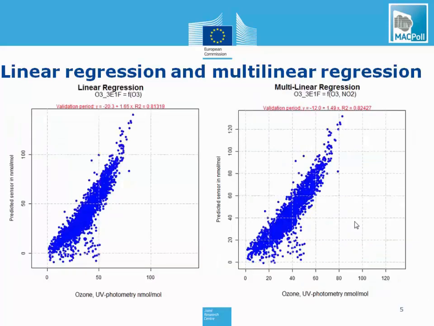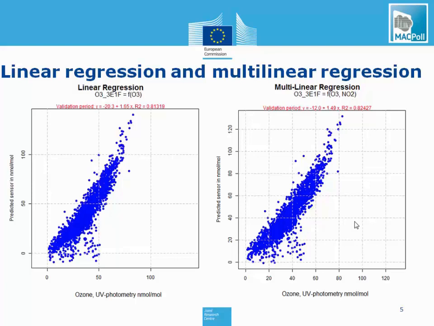This is more or less what we obtained looking at the data after the calibration. We took the formula we obtained during our analysis and applied it to the full length of our experiment measurements. On the left part, we have the linear regression, with the predicted sensor values on the y-axis and the ozone measurement coming from the analyzer on the x-axis. You can see that it's not bad.